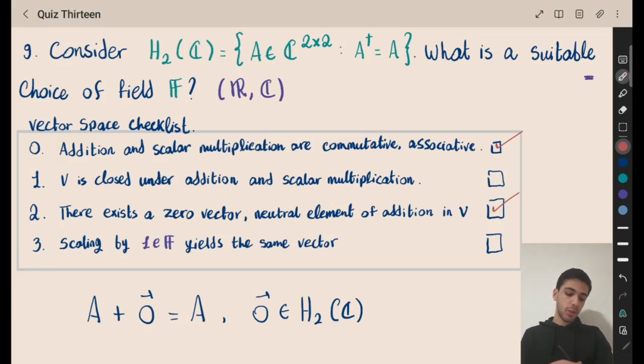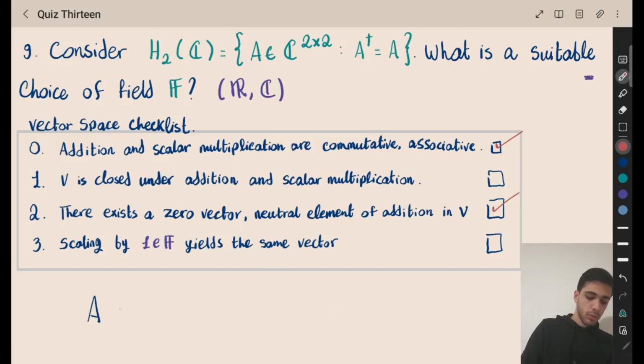Scaling by 1 in the field yields the same vector. Okay, so let's take some matrix A inside of the space of Hermitian matrices, and let's apply a 1 from the field.